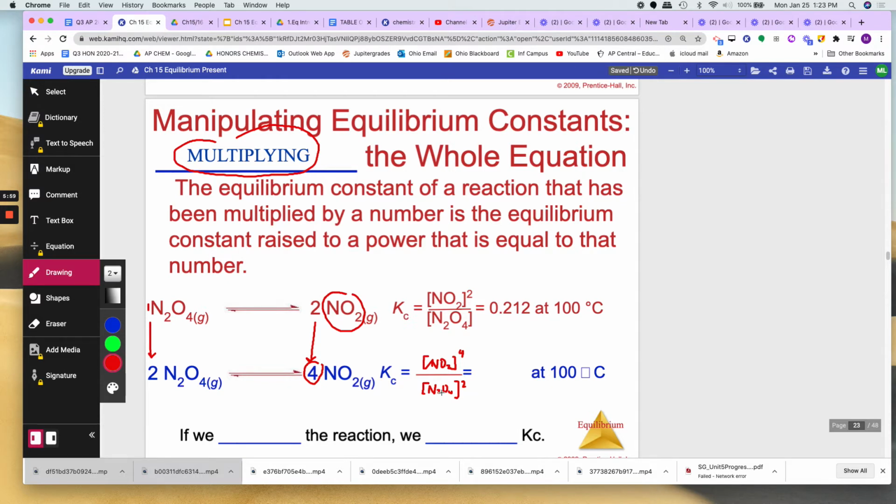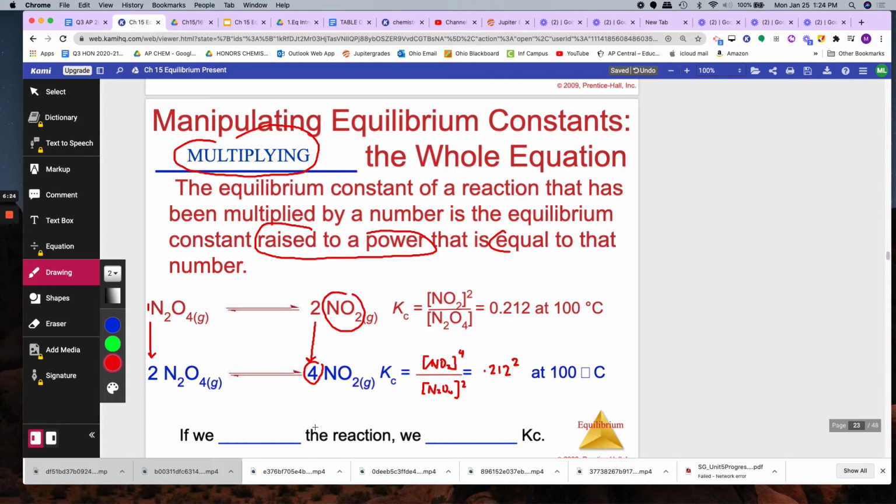Okay, so as you can see, this got doubled and this got doubled, so it's the same as taking whatever you multiplied and putting it as an exponent. So if you double the reaction, you raise it to a power that is equal to that number. If you double it, you go to the power of 2.